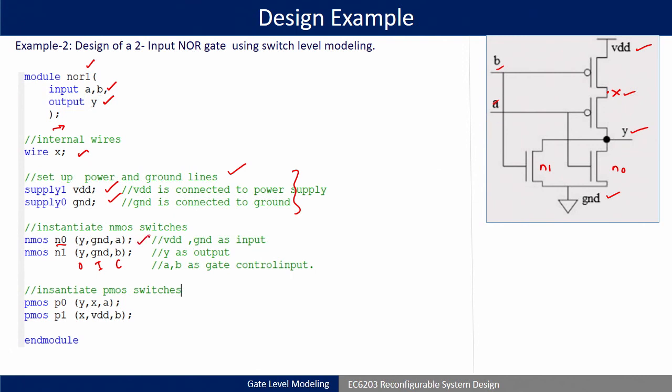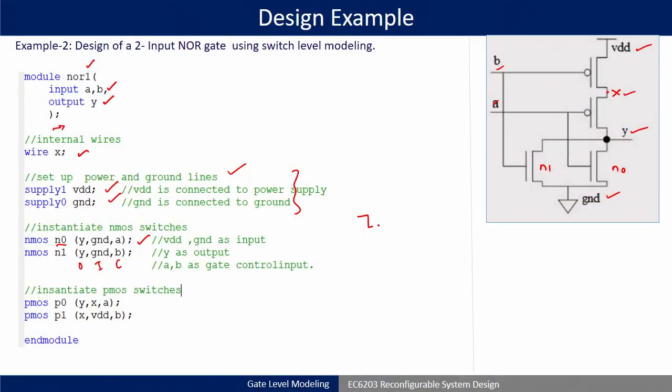It is easy, but you have to take care of the control signal here. Y is my output and ground here is taken as the input, because we saw that it is a unidirectional gate. So it is the input, this is my output, and this is the control. This we discussed in this module.